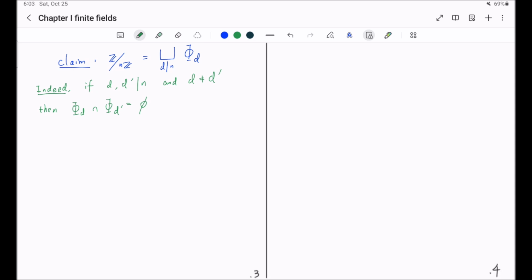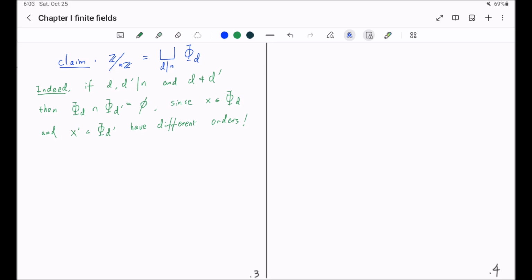Why is this so? This is because any element from phi sub d and any element from phi sub d prime have different orders.